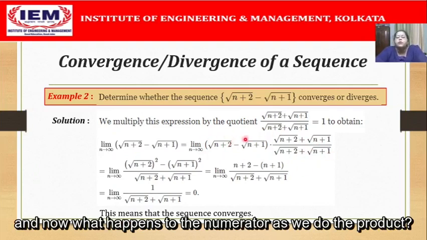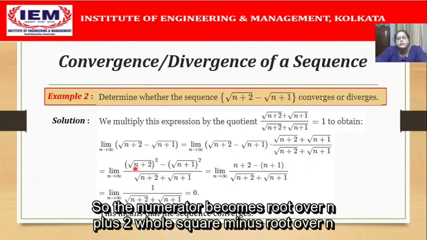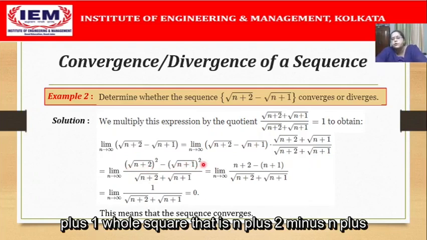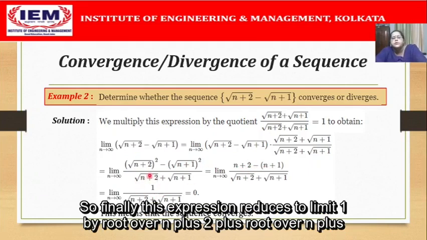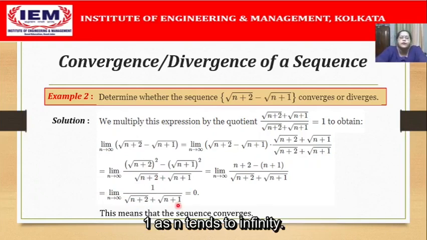Now what happens to the numerator as we do the product? The numerator becomes (√(n+2))² - (√(n+1))², that is (n+2) - (n+1), and this is essentially 1. So finally, this expression reduces to the limit of 1/(√(n+2) + √(n+1)) as n tends to infinity.